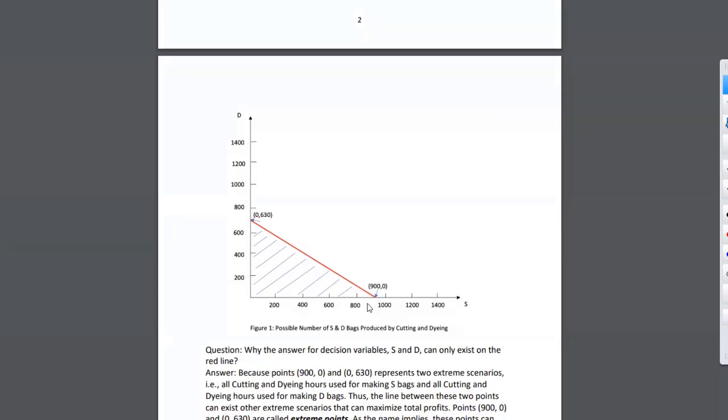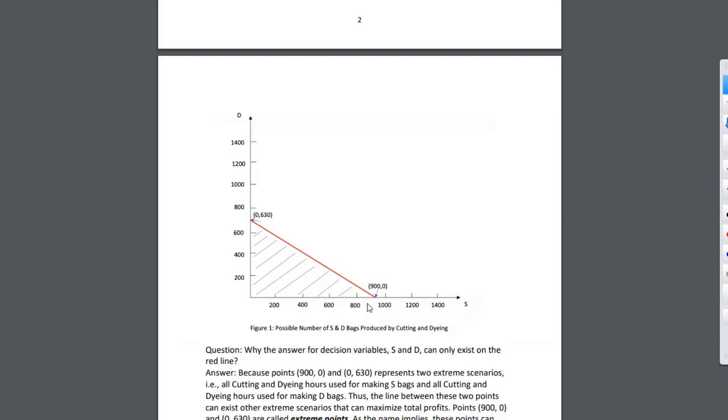The maximum labor hour is 630. I want all these 630 hours on deluxe bags. Of course, I can manufacture 630 deluxe bags, 0 standard bags. So what should be the other combinations of standard bags and deluxe bags the cutting and dyeing department can get? Between these two extreme points, I draw a straight line, right?